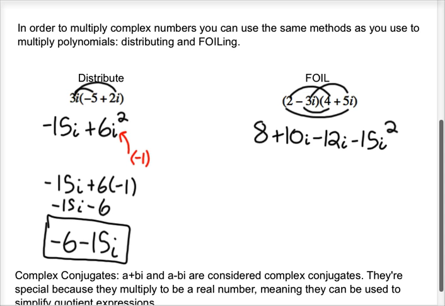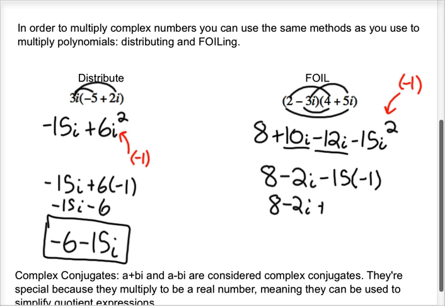So the first thing I notice is I can begin to simplify some of this. 10i minus 12i. That's going to be a -2i. But then also remember this i squared sitting here. Remember that is a -1. So we have -15 times a -1.